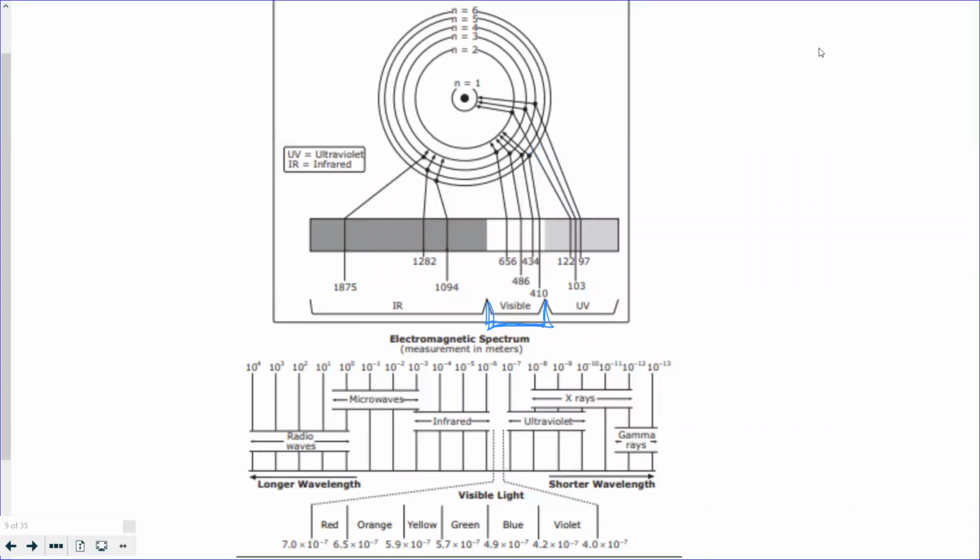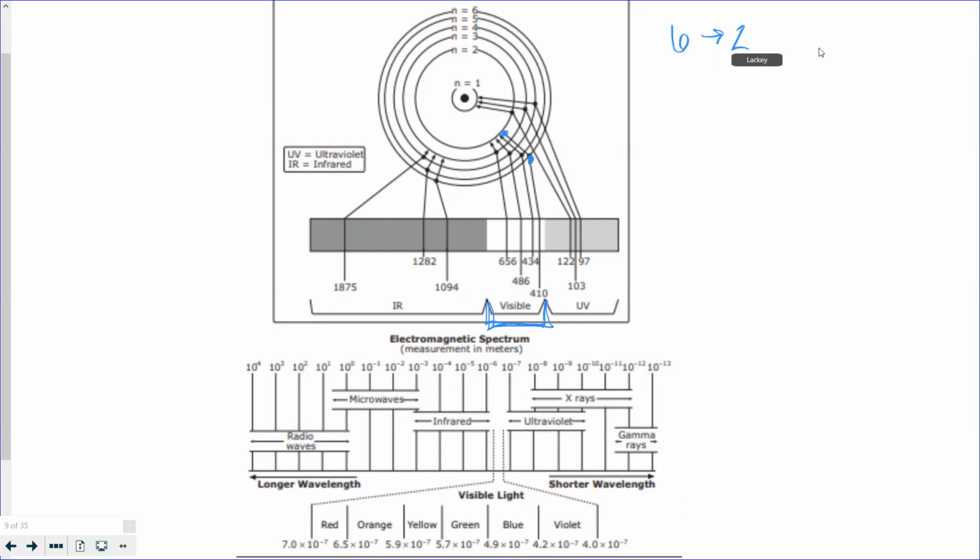Okay. So like I said, we are looking at that middle part of visible light. You need to be able to recognize what electron transition is going on at each of these points and figure out what color of light it is going to give off. So this coincides with your electromagnetic spectrum down below. Our first line to the right in that visible spectrum goes from n equals 6 down to n equals 2.